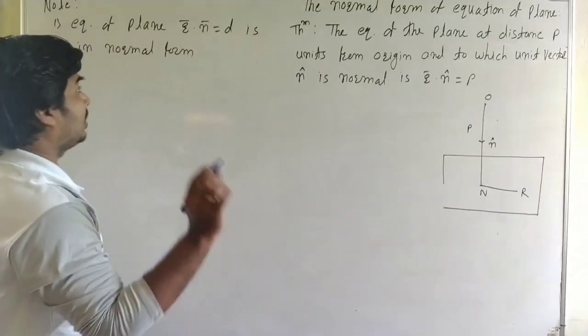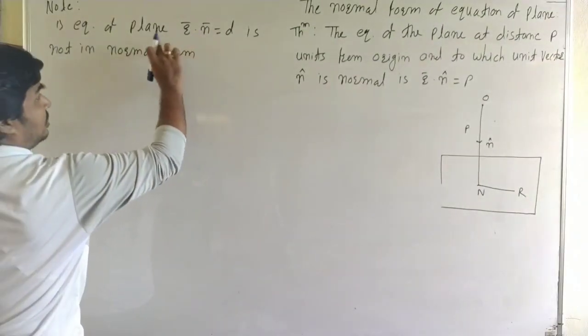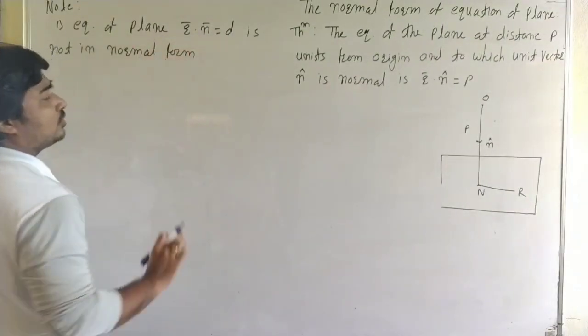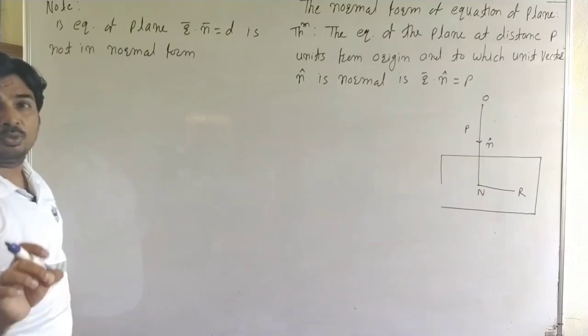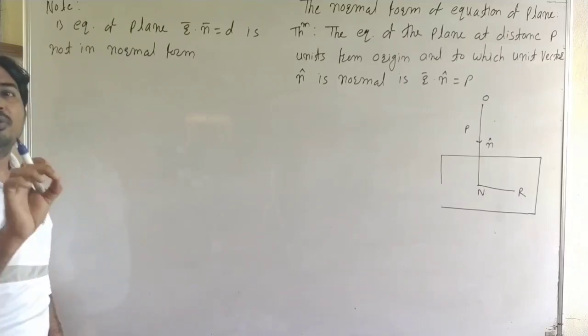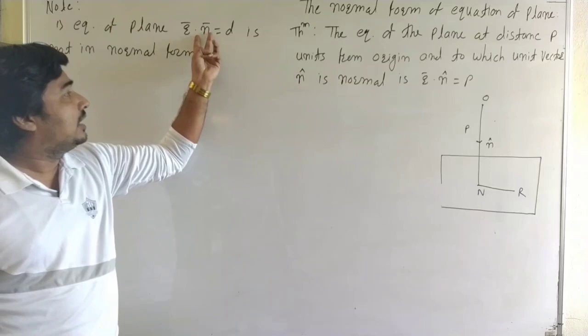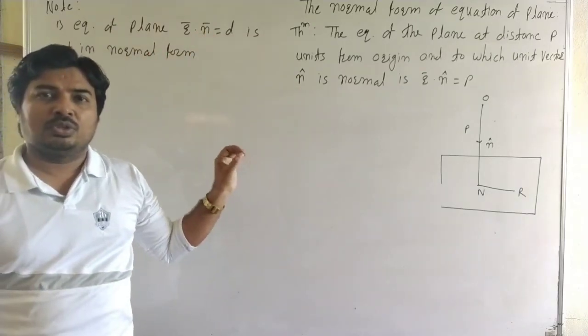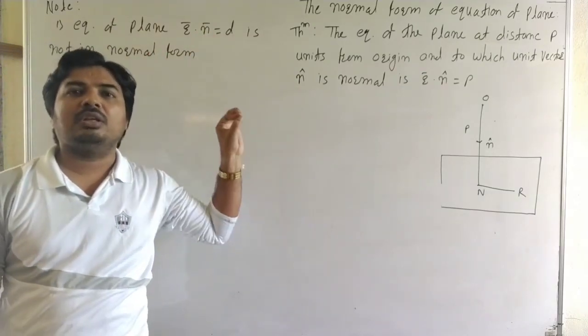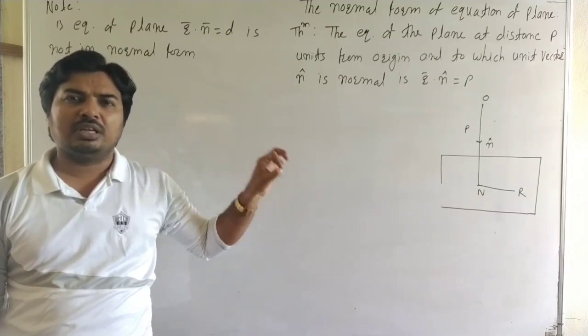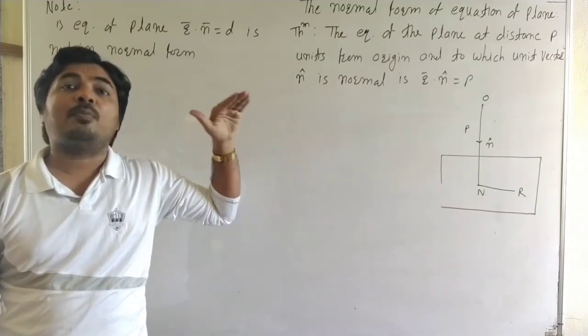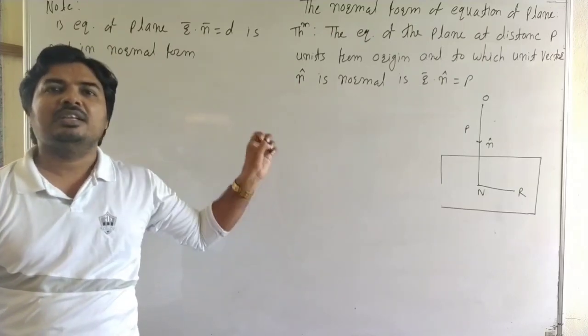Now to reduce this vector equation of the plane to normal form, we divide by the magnitude of N bar, which is a vector. We want to find the unit vector along N bar. We know that the unit vector along N bar is N bar upon magnitude of N bar, which is N cap.